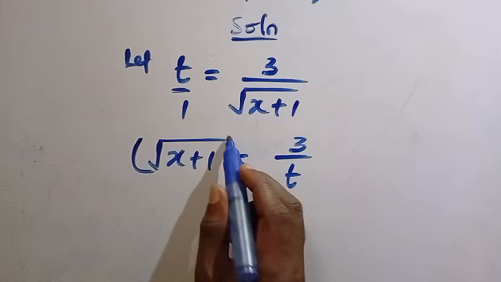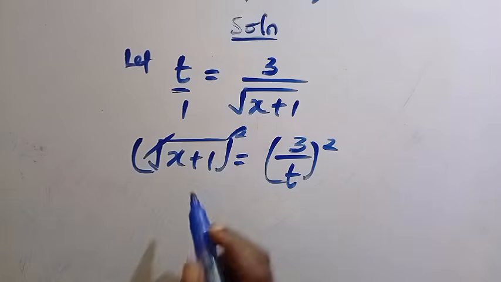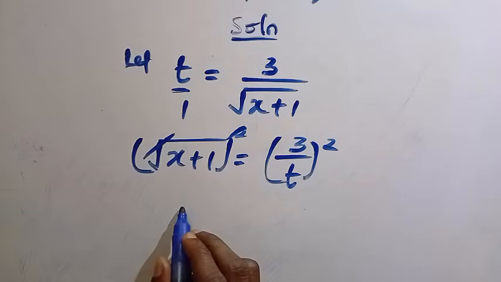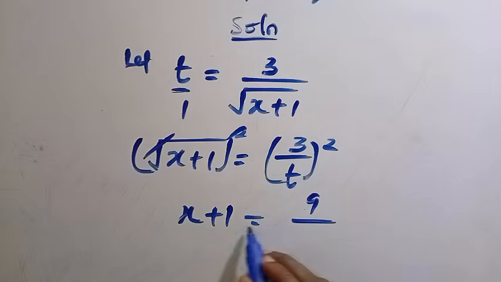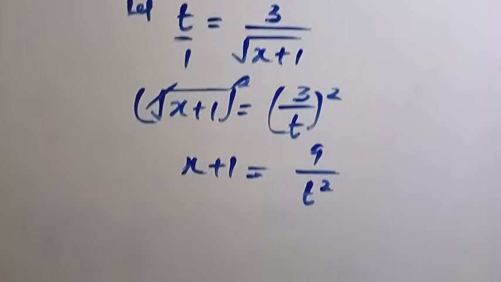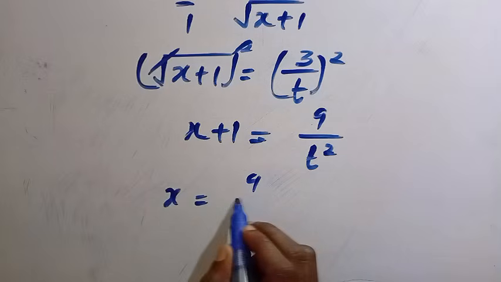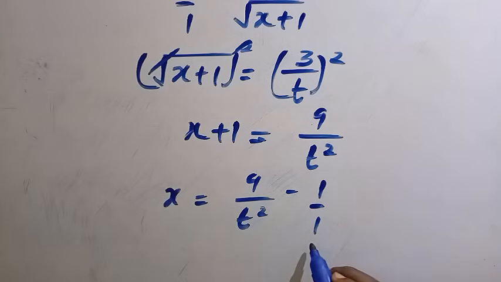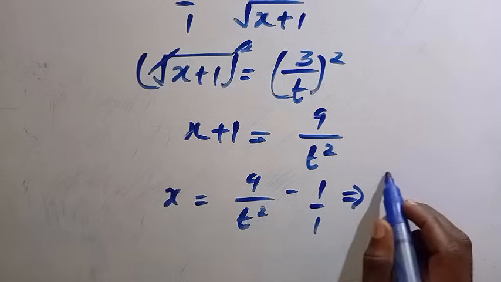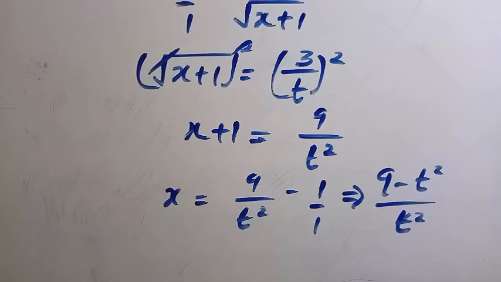We have to square both sides. By squaring both sides, the square cancels the square root. And here we have x plus 1 equals 3 squared, that is 9 over t squared. And again, we need x, so we take 1 to the other side. Therefore, x equals 9 divided by t squared minus 1, and it can simply be rewritten as 9 minus t squared divided by t squared.